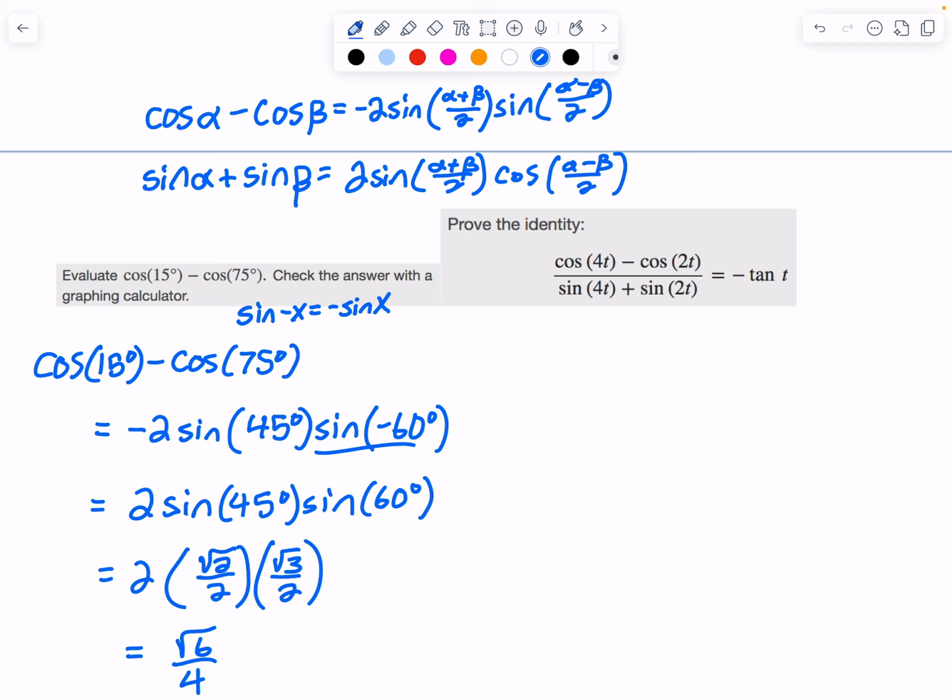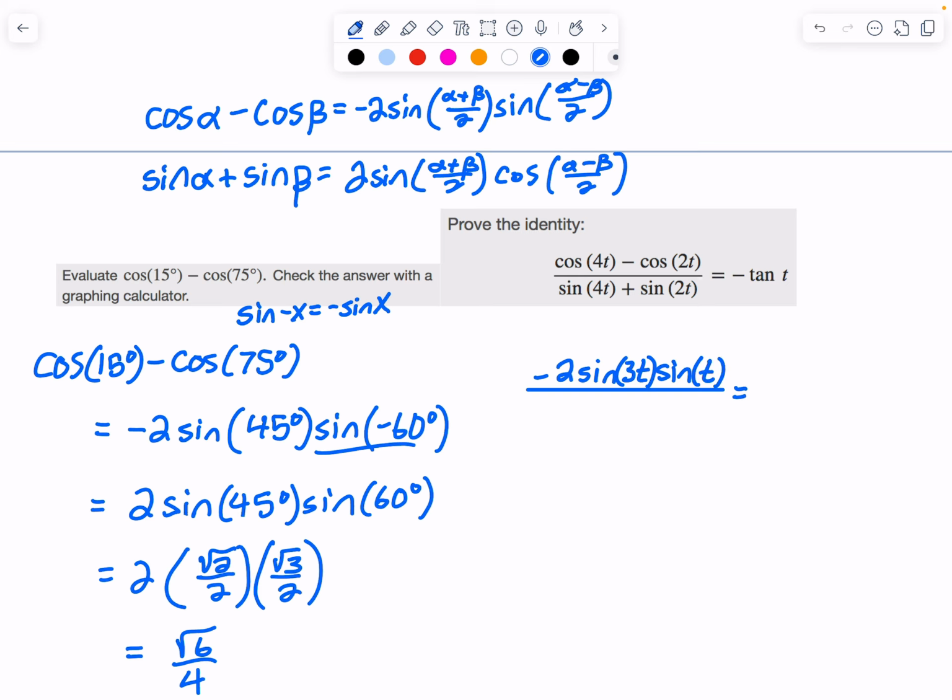All right, so I'm going to work on the left side here. I know the left side is going to follow the top formula I have there. That's -2 sine, and then I add them, that's 6t over 2, which is 3t. And then times sine of the difference, that's 2t over 2, which is going to be a t.